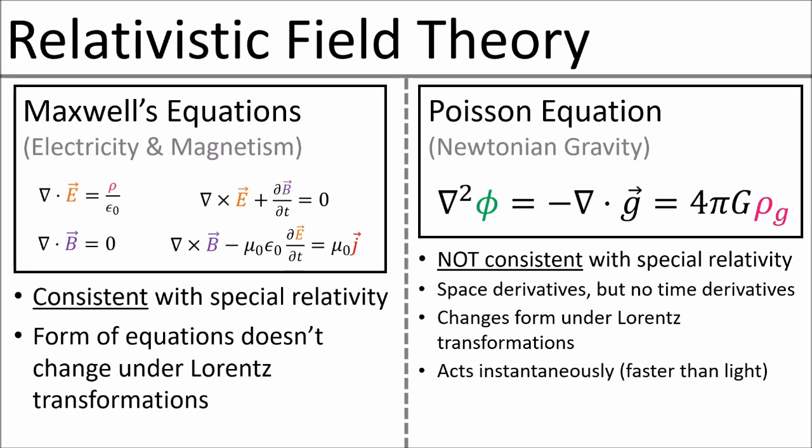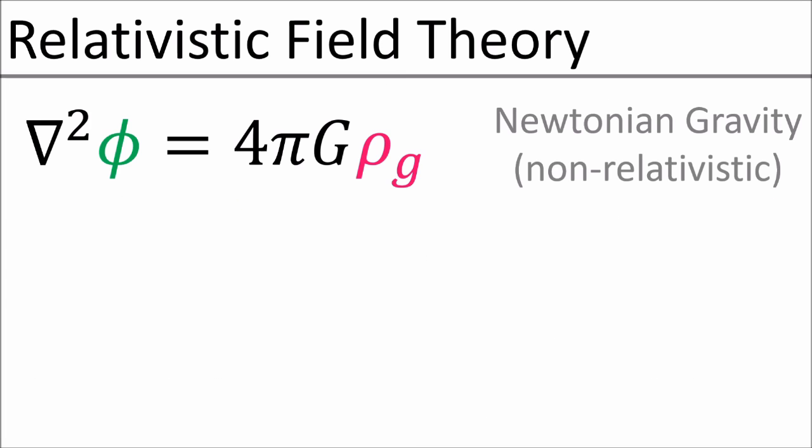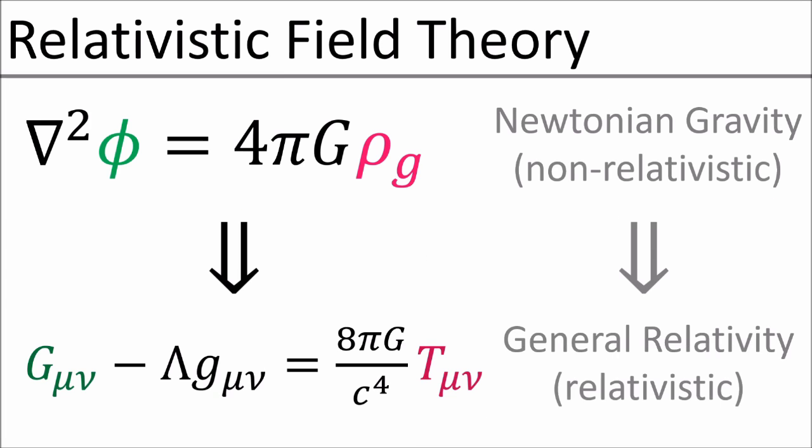Newtonian gravity acts instantaneously everywhere in the universe, unconstrained by the speed of light. And also, forces look different depending on which Lorentz-boosted frame you choose due to the effects of length contraction. So it is not a relativistic field theory. To fix this problem, we need to invent general relativity, but we're not going to worry about that here.